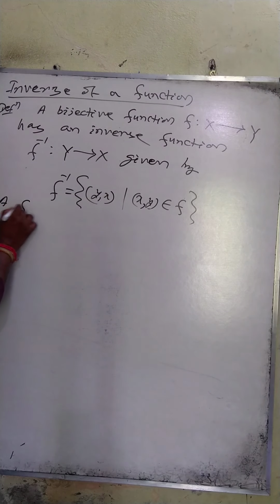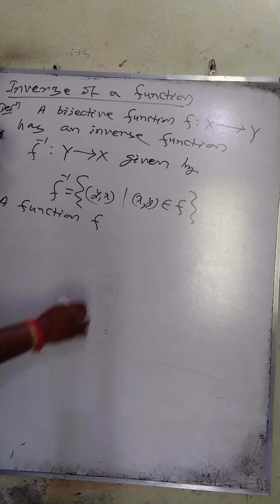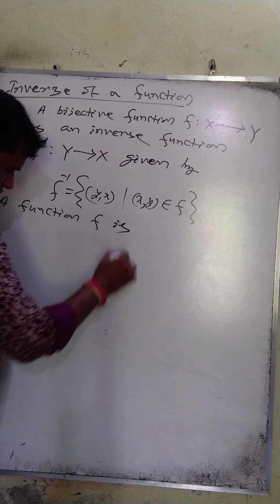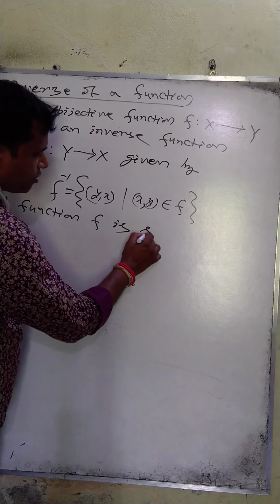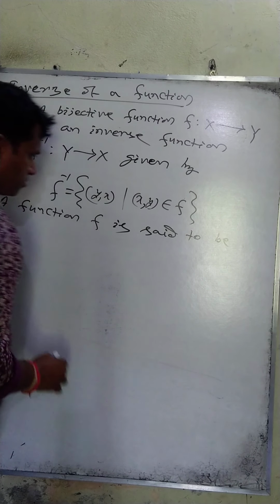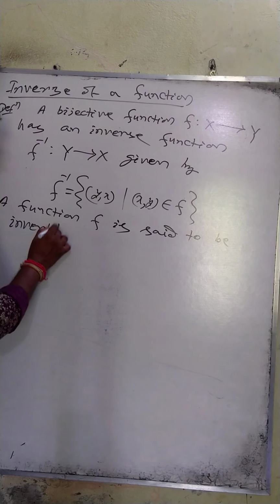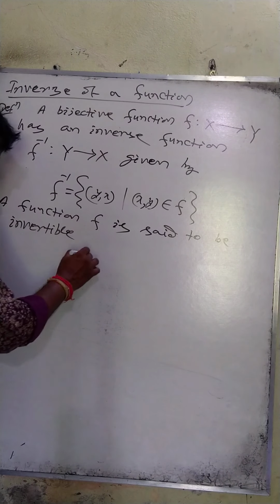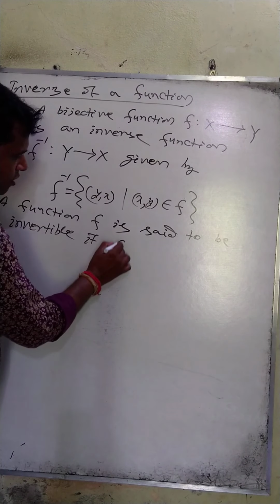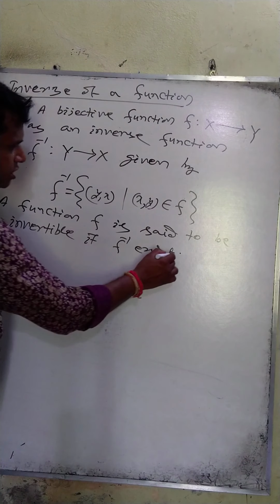A function f is said to be invertible if f inverse exists.